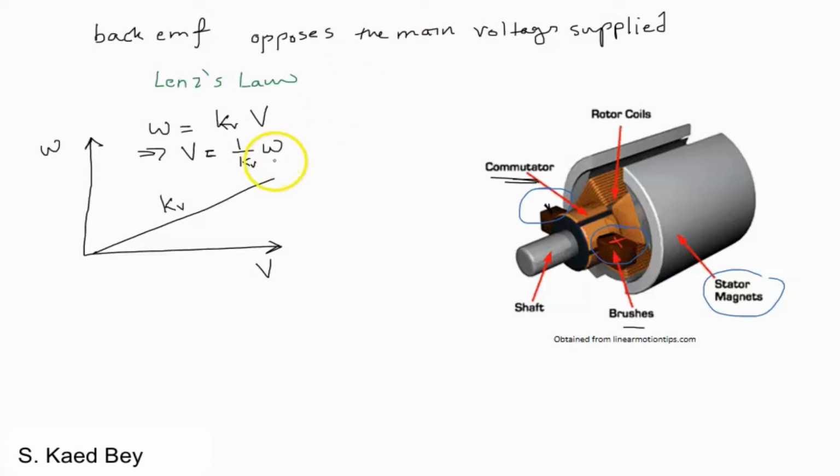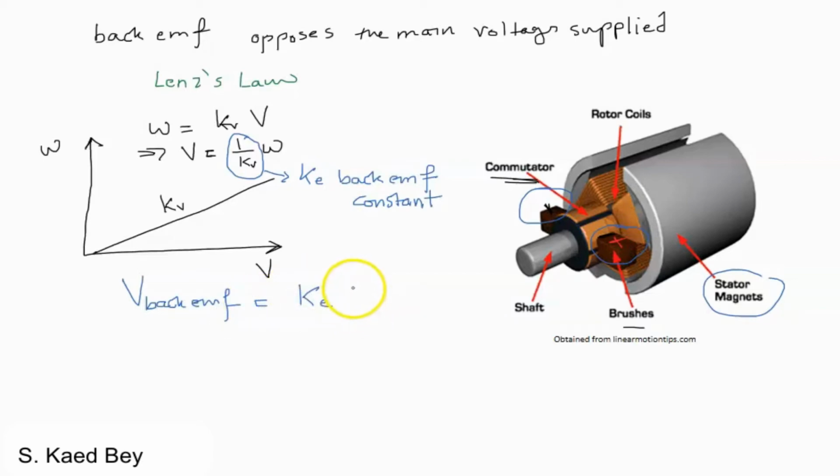Now 1 over kV is what we call Ke, which is the back EMF constant. So we can express the back EMF as Ke omega. Now remember, this voltage is always in the opposite polarity to the applied voltage.